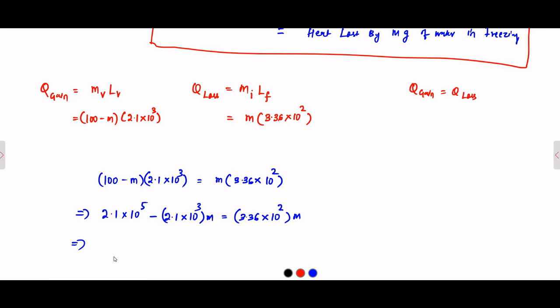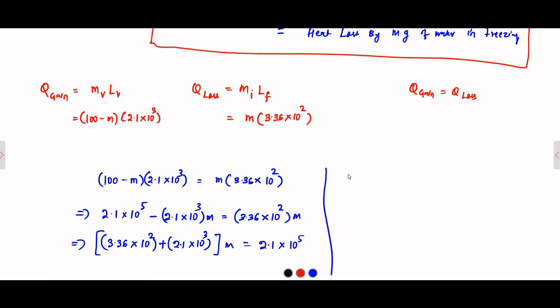That implies, if we take this minus to the other side, we get 3.36 into 10 to the power 2 plus 2.1 into 10 to the power 3 m, because m is common in both of them, that is equal to 2.1 into 10 to the power 5.